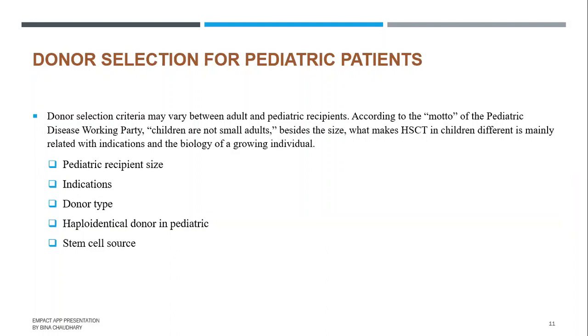For haploidentical patients in pediatrics, as everybody knows, in our centers we mostly prefer the mother, due to both a reduced incidence of relapse and TRM, with a protective effect on the risk of failure, possibly explained by transplacental leukocyte trafficking during pregnancy, including long-term increased microchimerism in the mother and the child. So because of that, we'll mostly use the mother.